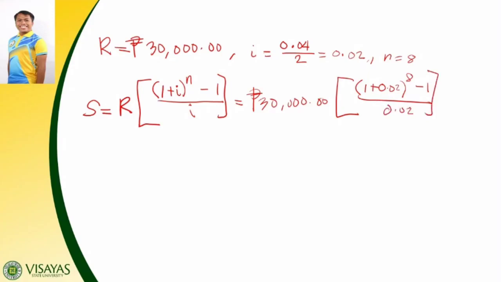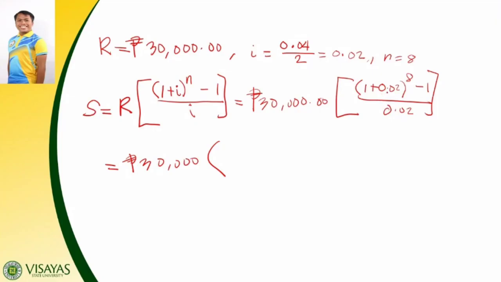So therefore this is equal to, using your calculator, sige daw, kung naa may calculator diha, this will become 30,000 multiplied by, unahon nato i-add ang 1 og si 0.02.